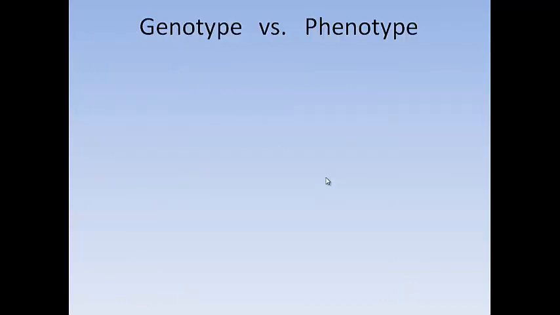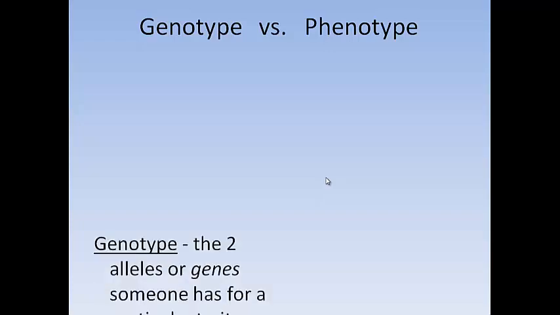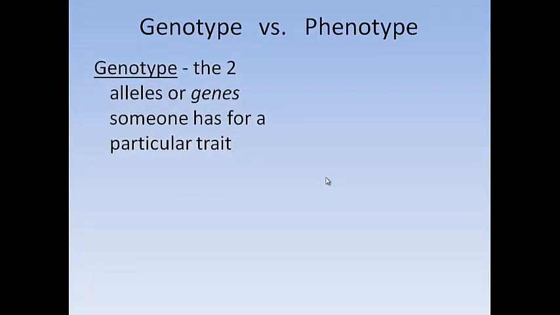Now, two really important concepts that you have to keep separate are genotype and phenotype. Genotype means the two versions of the gene that you have for a particular trait, the two alleles that you have, right? So, thinking about those puppies from a minute ago, let's say that capital P is the dominant for pointy ears, the little p is recessive for floppy ears.